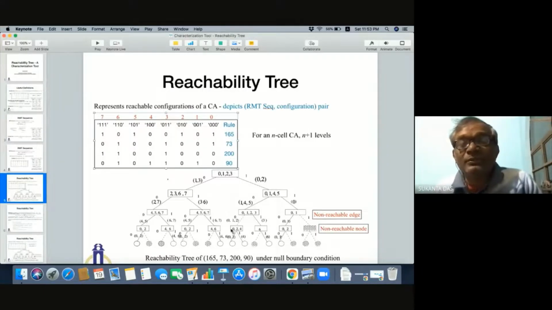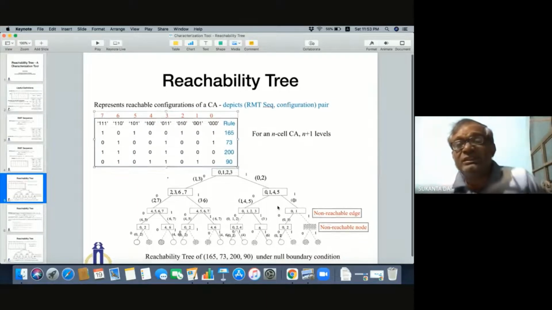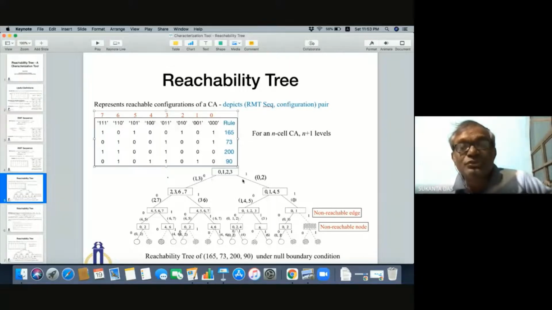Right? Here you can see that these are the configurations: 0, 0, 0, 0, 0, 0, 0, 0, 0, 1, 0, 0, 1, 1. These all are the configurations.